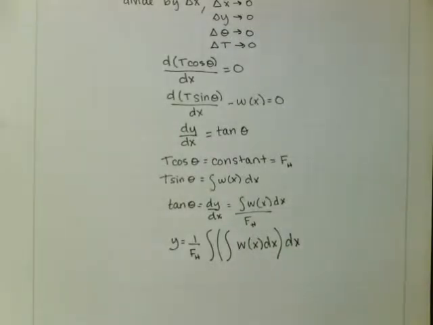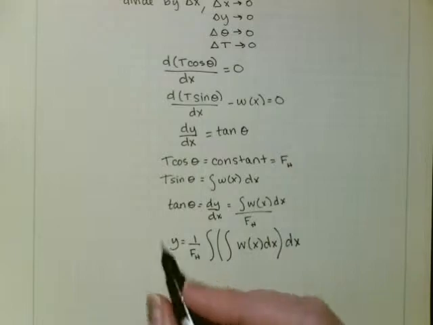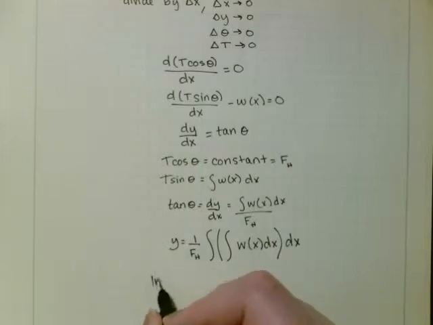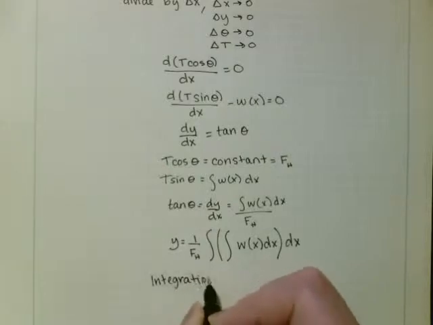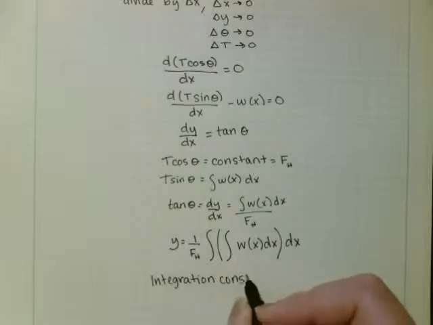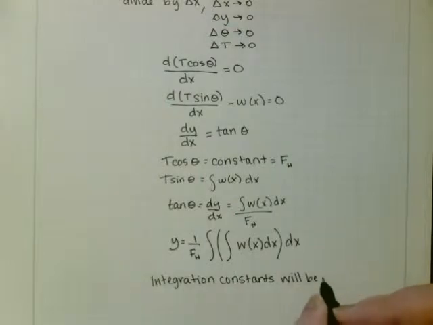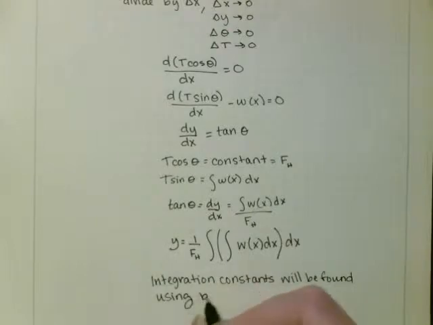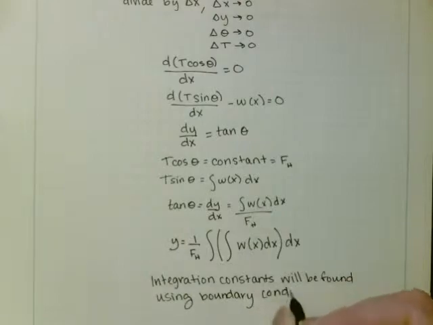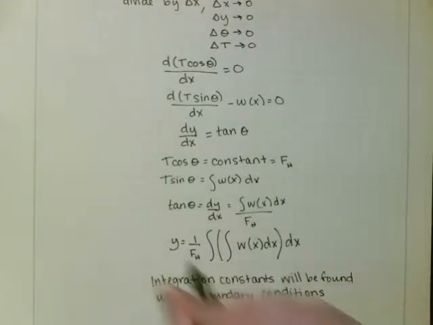And so, you're integrating twice, so the integration constants can be found using the boundary conditions. So this equation will be used when your cable is subjected to a distributed load.